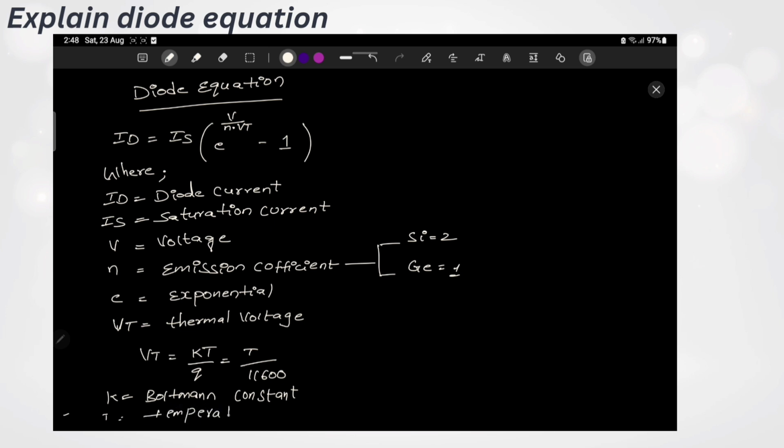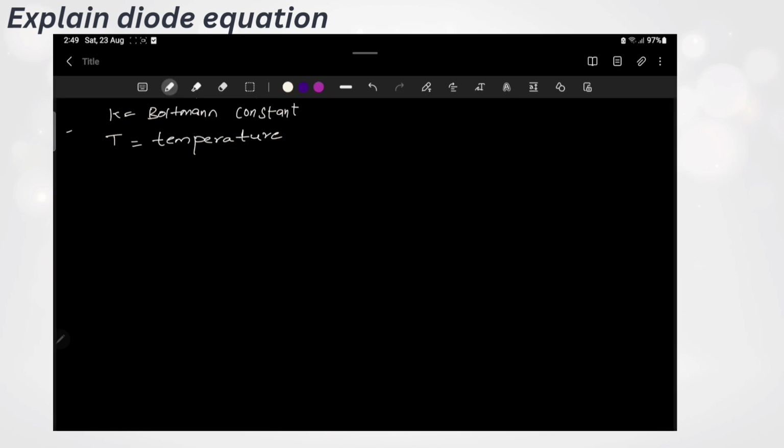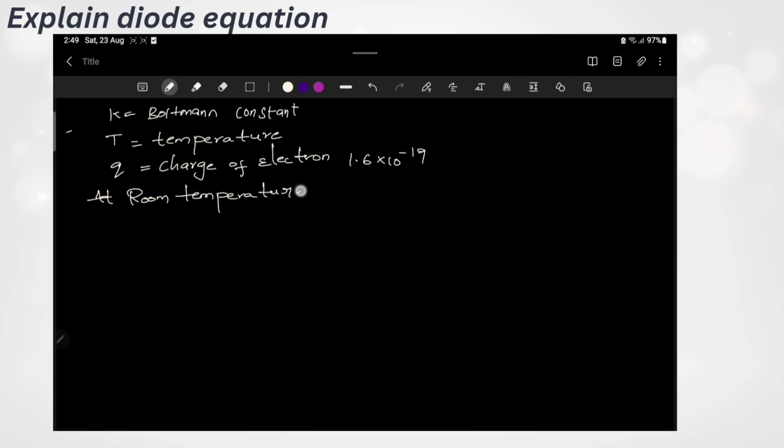We already know the charge of the electron is 1.6 × 10^-19 coulombs. There is a direct value for this thermal voltage at room temperature, that is at 300 kelvin. The value of the thermal voltage at room temperature is 26 millivolts, that is 0.026 volts.